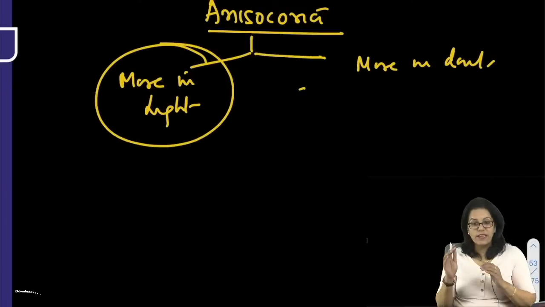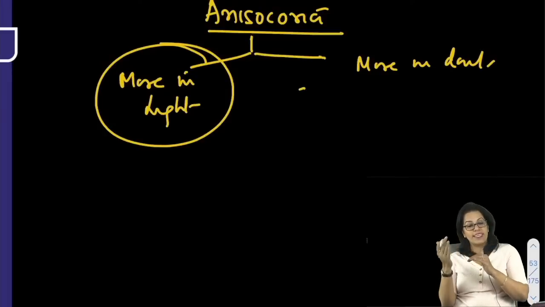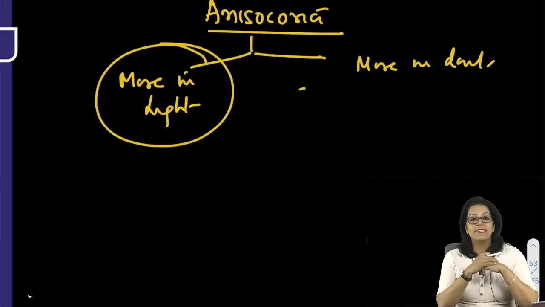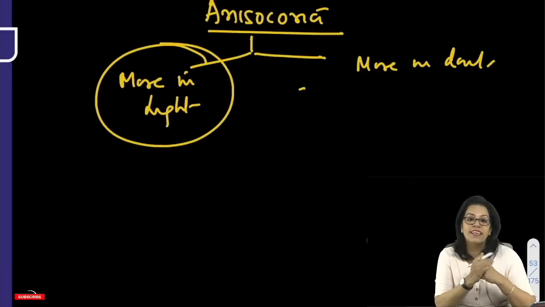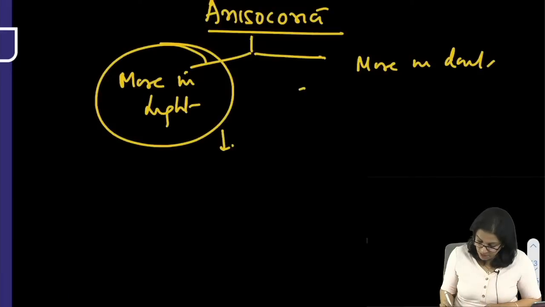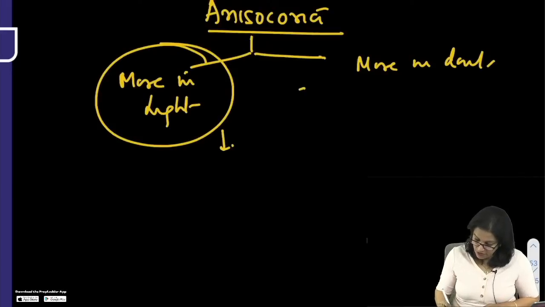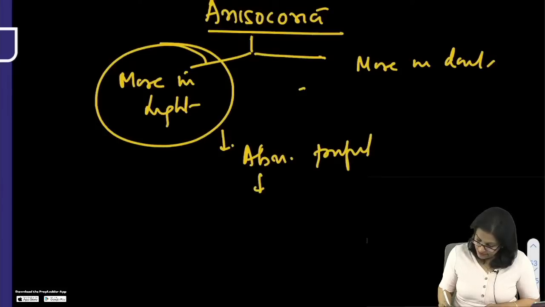So if I say anisocoria is more in light, which is the abnormal pupil? What do you expect the pupil to be in light? Constricted. That means the abnormal one is the one which is dilated, isn't it? So more in light means the abnormal pupil is the one which is dilated.